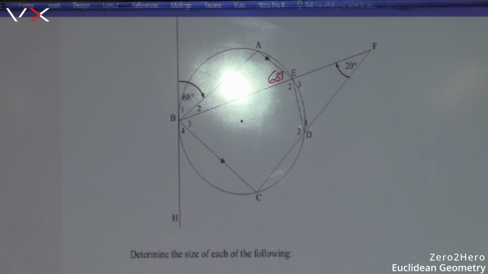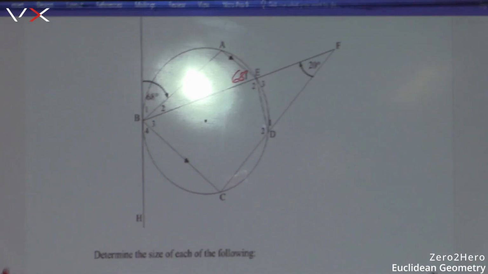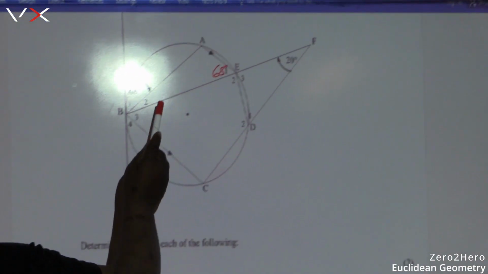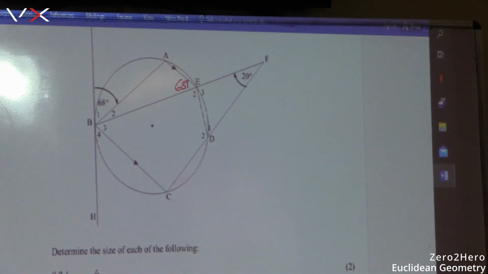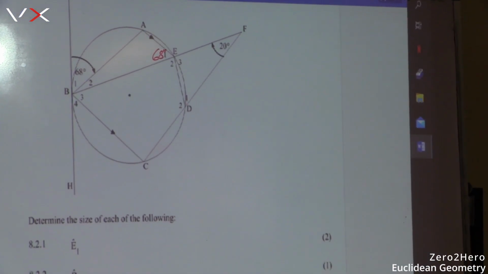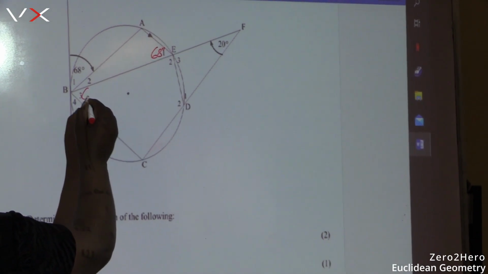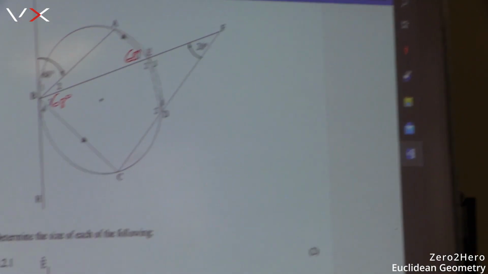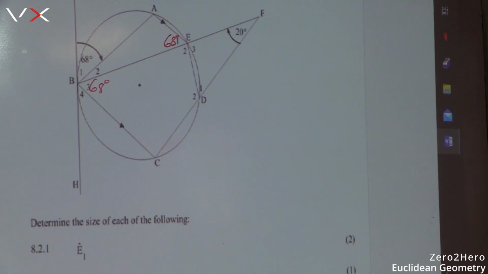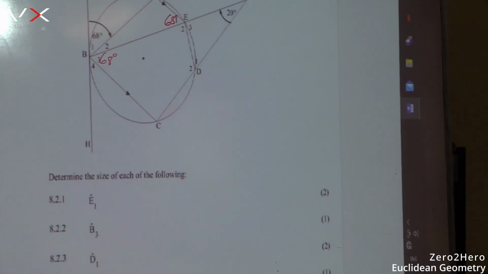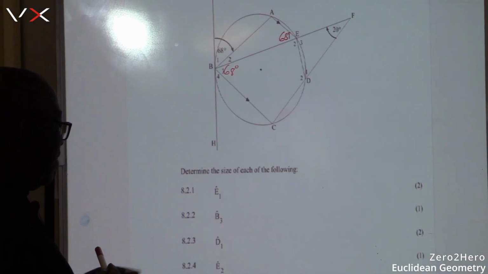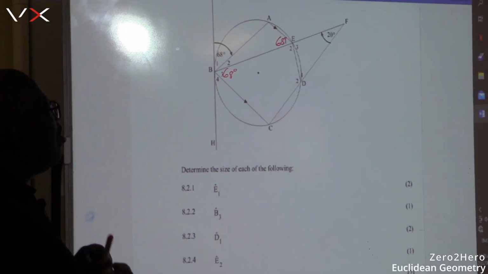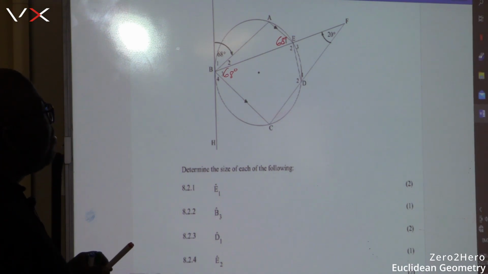Do I see where B3 is? This is where B3 is. You can see that these two are related because these two lines are parallel. What then is B3? B3 is also equal to 68 degrees. Why? It's because they are alternate angles. Remember, when you mention alternate angles, don't forget to mention parallel lines. You'll say B3 is 68 degrees, alternate angles, AE parallel to BC.